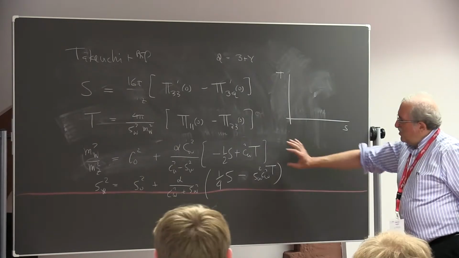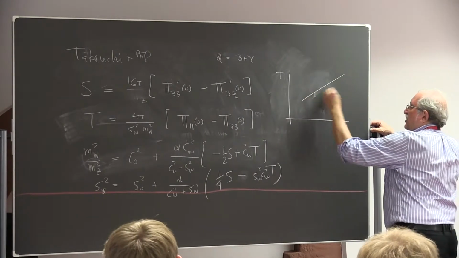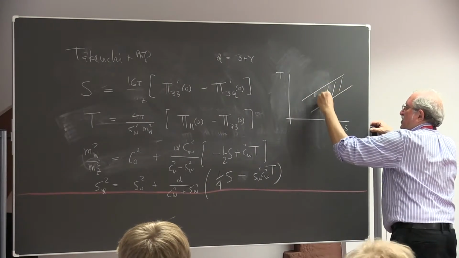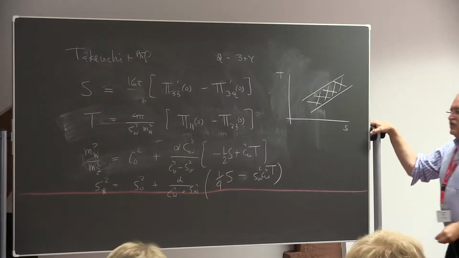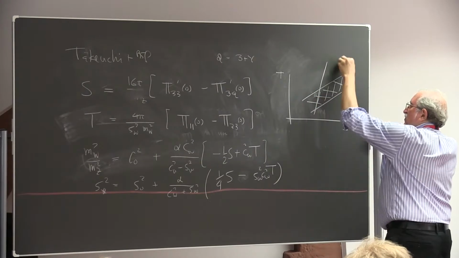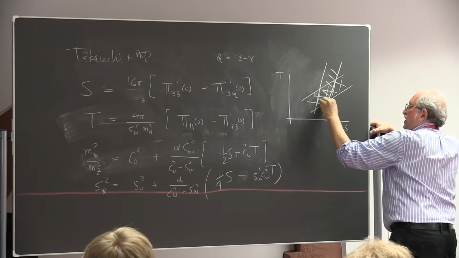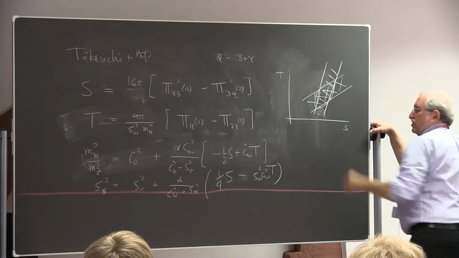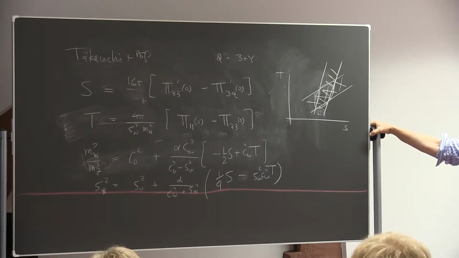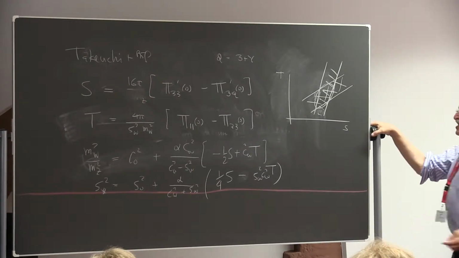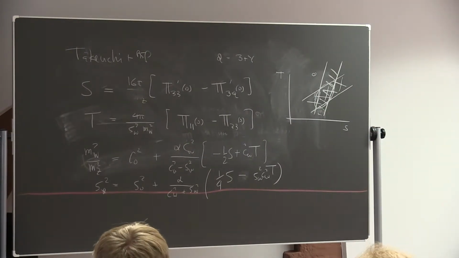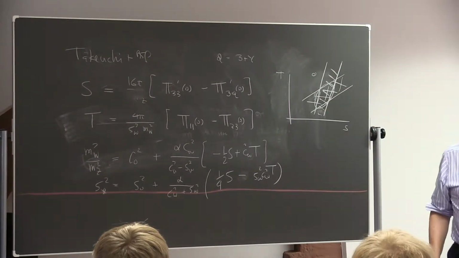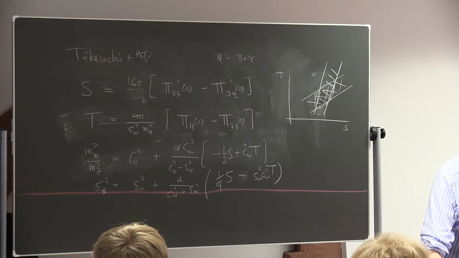Every constraint gives you a band of some kind in the ST plane. If you have several of these bands, they might overlap, giving you a confidence region. And then you stay up nights praying that the standard model lives outside this confidence region. But, of course, that's not what happened.